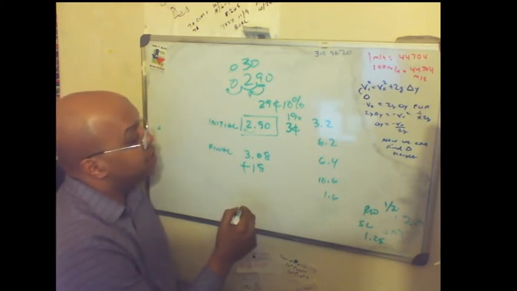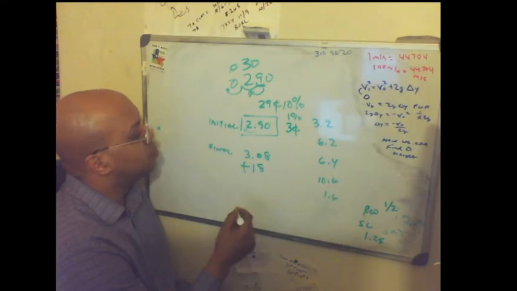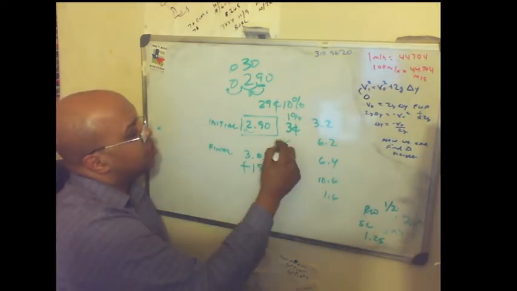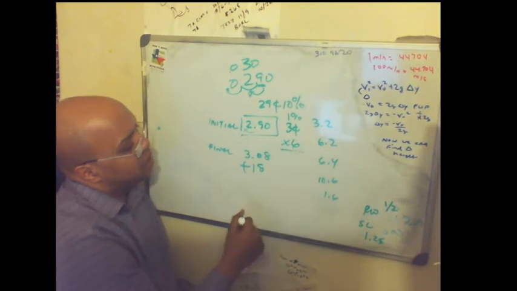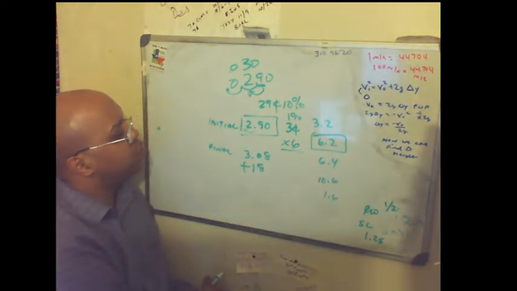So it appears to me the closest we could get is 3 cents. So this is multiplied by 6. I would lean towards 6.2%.